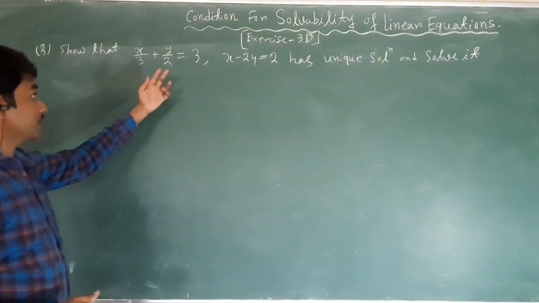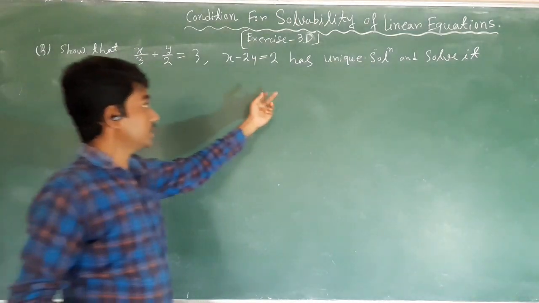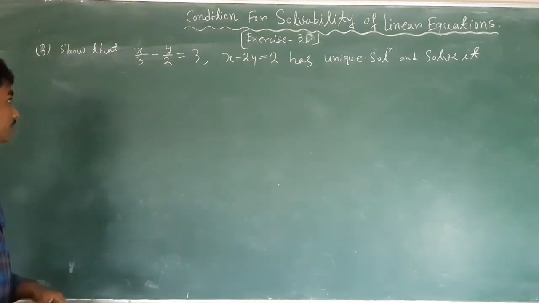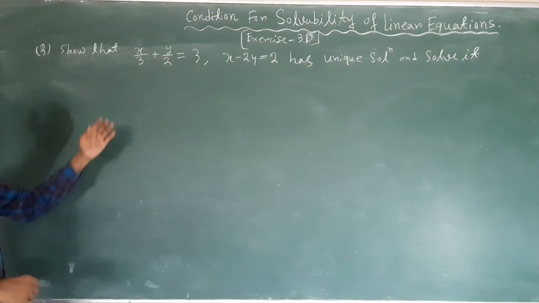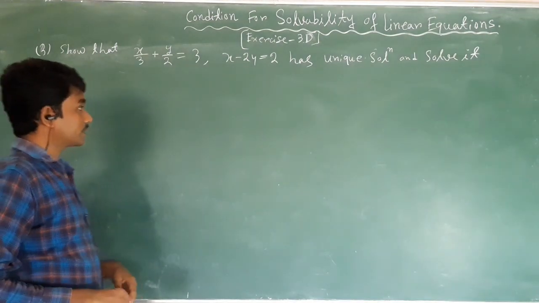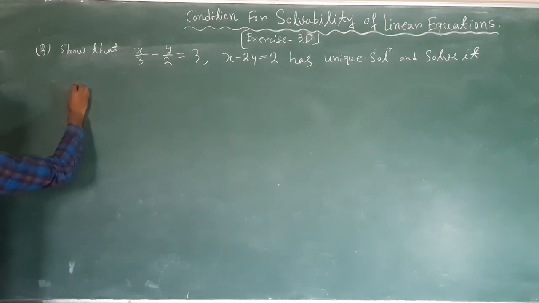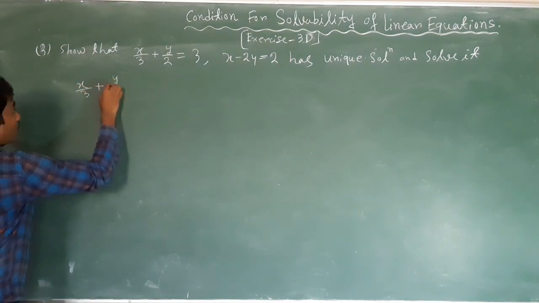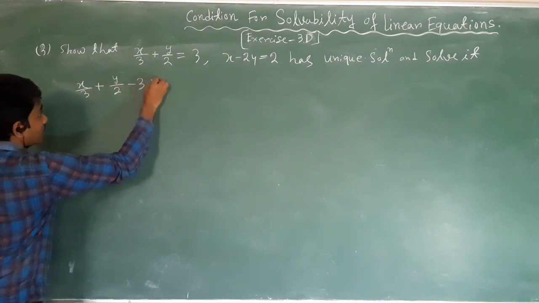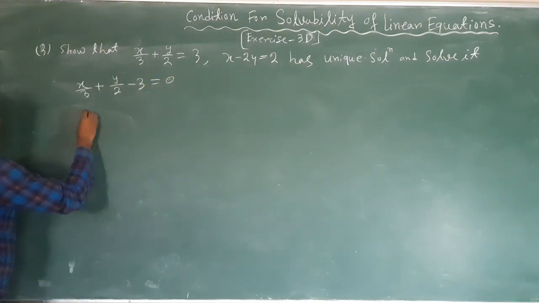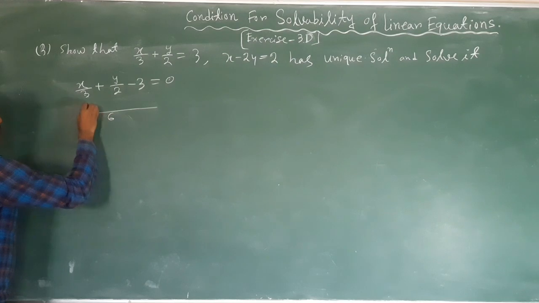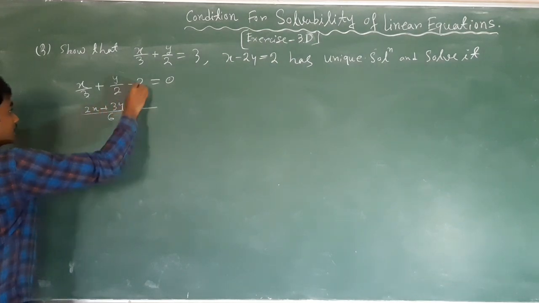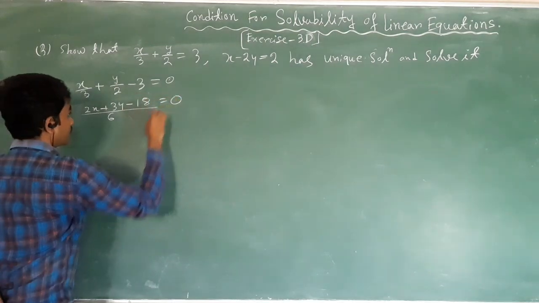So that the given equation has unique solution and then find it. So we can write the given equation as x upon 3 plus y upon 2 minus 3 is equal to 0. LCM will be 6, so 2x plus 3y minus 18 is equal to 0.